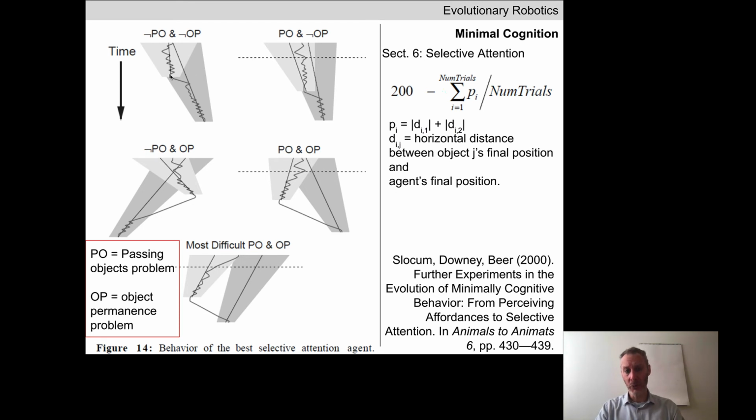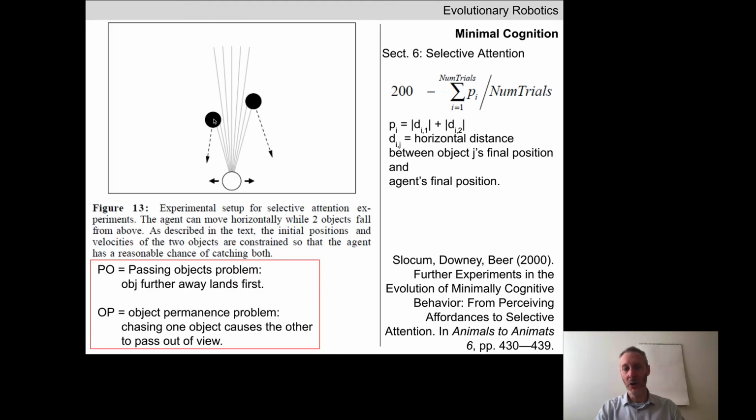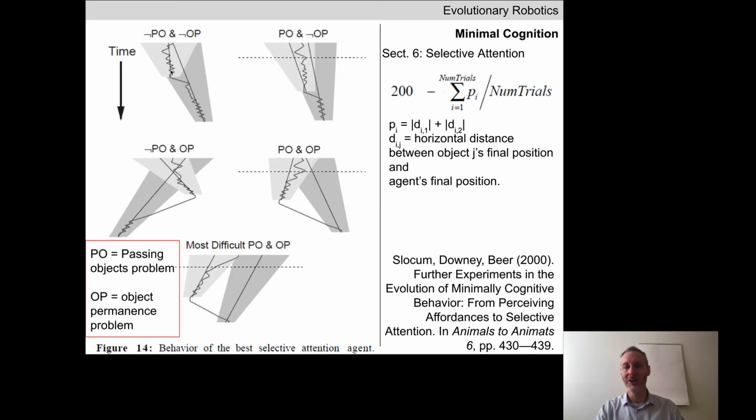So if the robot was here, for example, at this point in time, and the object had not fallen straight, but had fallen at a diagonal, at this moment in time the object trajectory moved outside the parallelogram. So jump back and forth here. The moment the object moved outside the parallelogram, the robot could no longer see it.